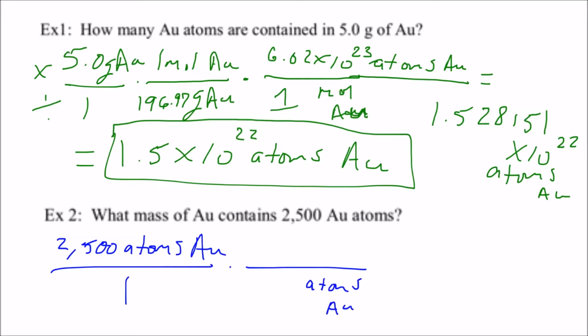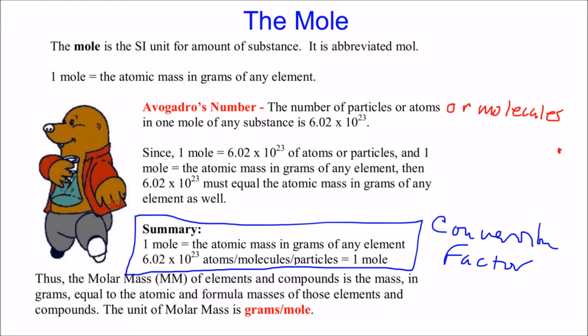And remember I told you just a minute ago, anytime you see atoms, particles, or molecules, you're going to have to use Avogadro's number. So we're going to bring that down. 6.02 times 10 to the 23rd. That's Avogadro's number. And what is that equal to? Remember, Avogadro's number is equal to 1 mole.